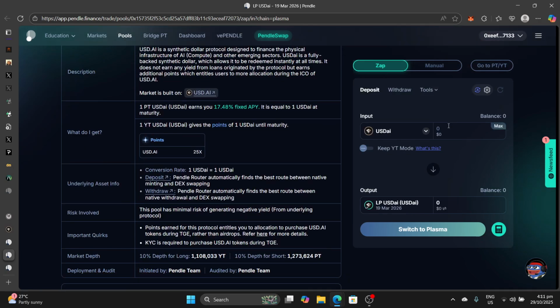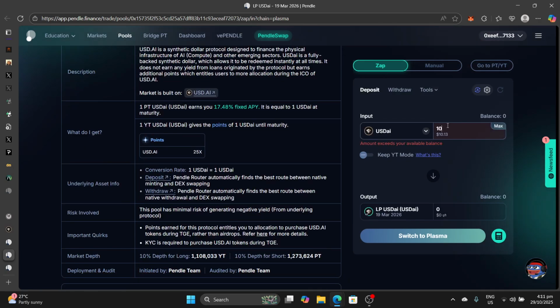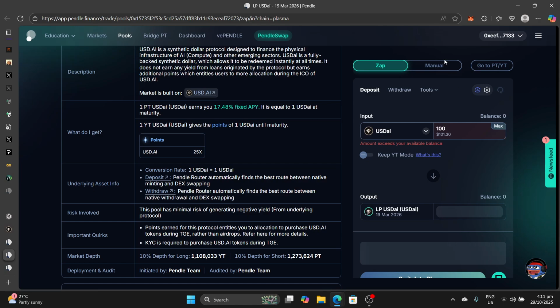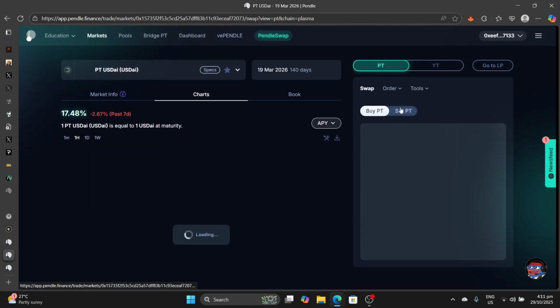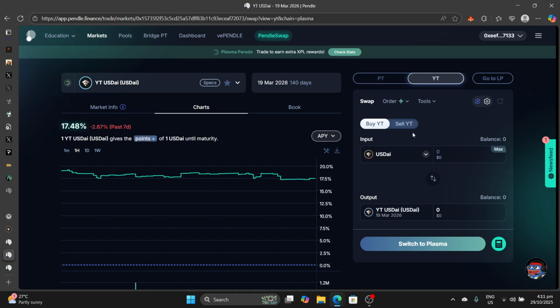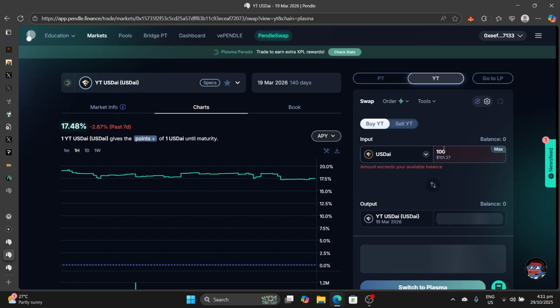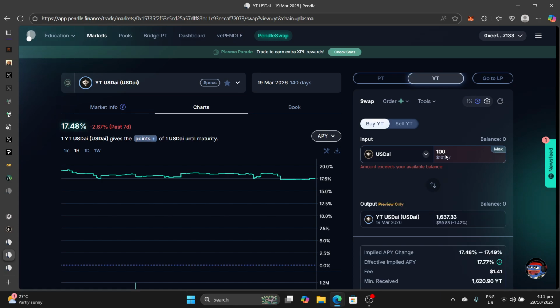But let's see. So if you put 100, YT, March 2026. Let's see if you put 100 here. This is on the plasma chain, by the way, so you need to know how to interact with plasma.